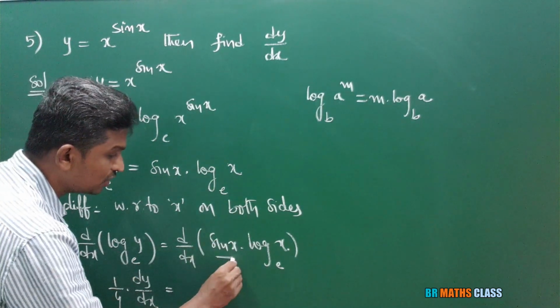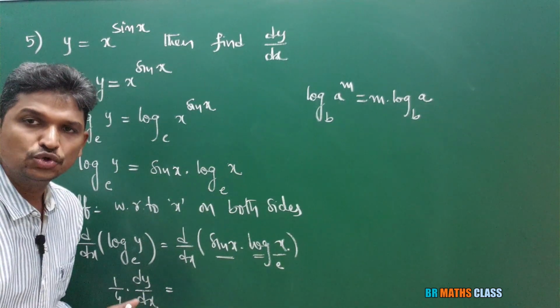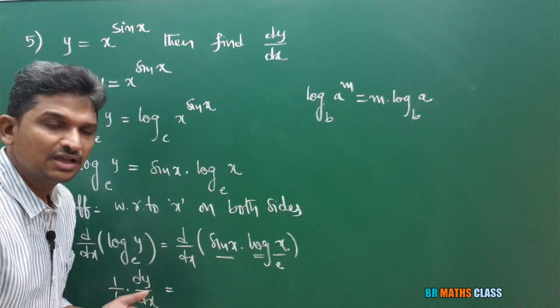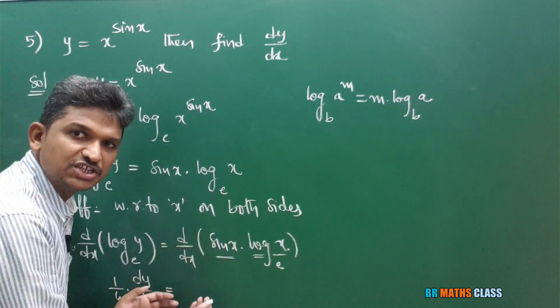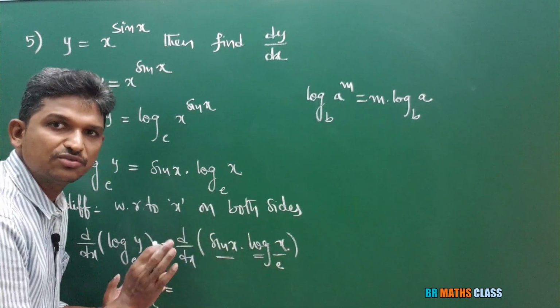Now, how to differentiate this part? Here you can observe a product of two functions is there. UV rule: what is the derivative of UV? U into derivative of V plus V into derivative of U. Instead of that, you just remember it simply like this: first function into derivative of second function plus second function into derivative of first function.